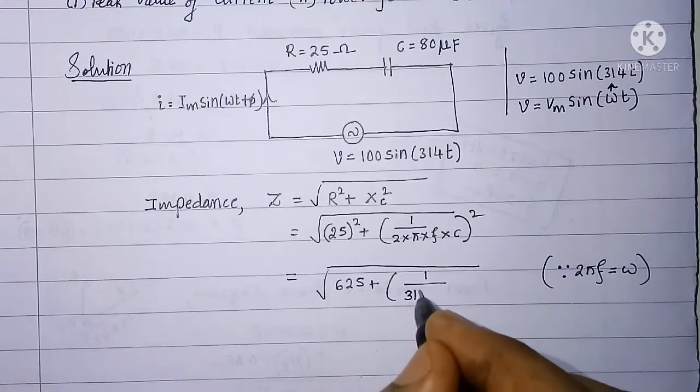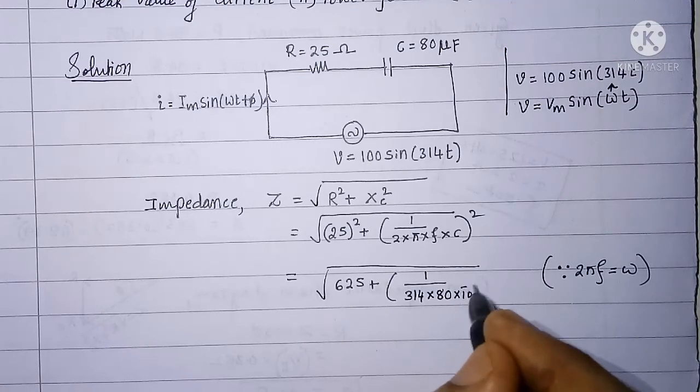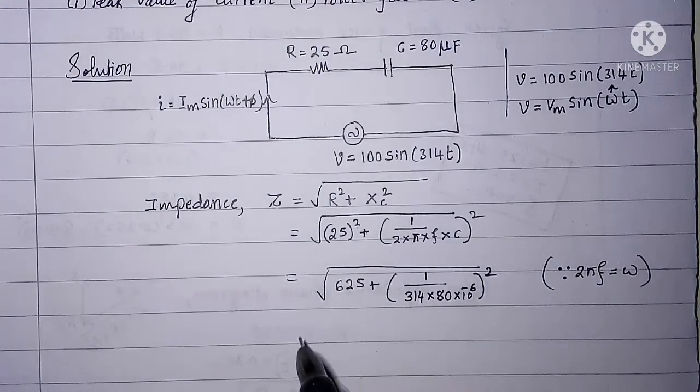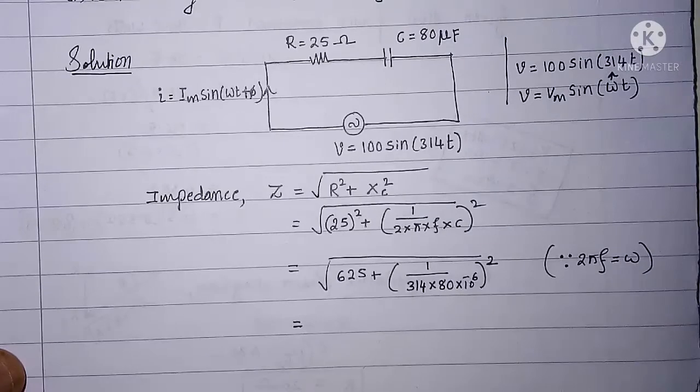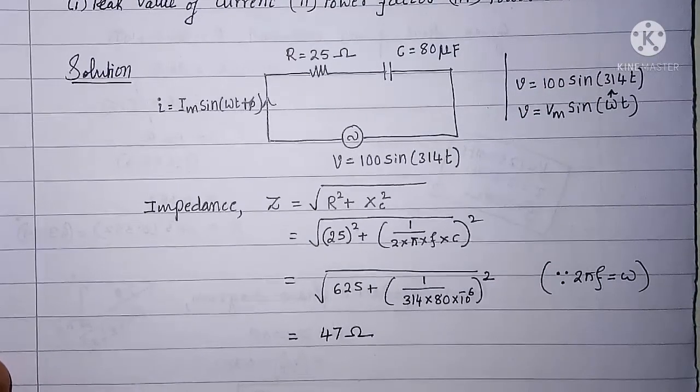So 314 into c, that is 80 into 10 raised to minus 6 whole square. On simplification we get 47 ohms.